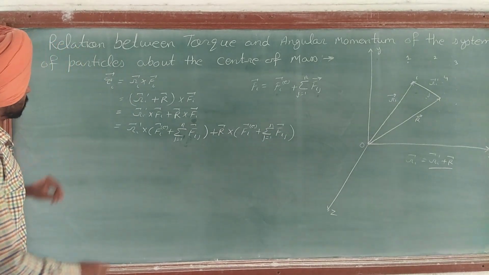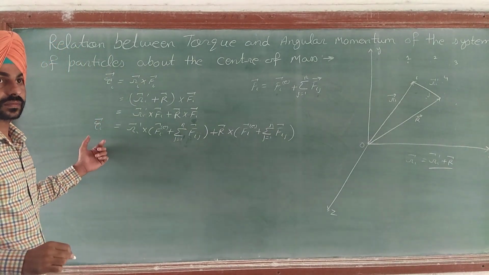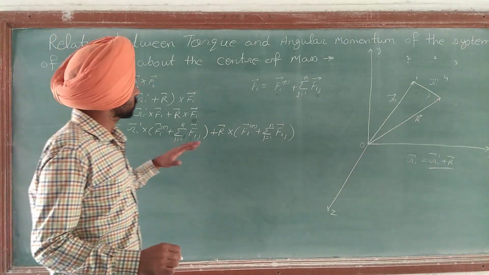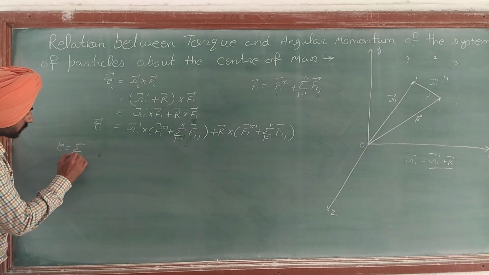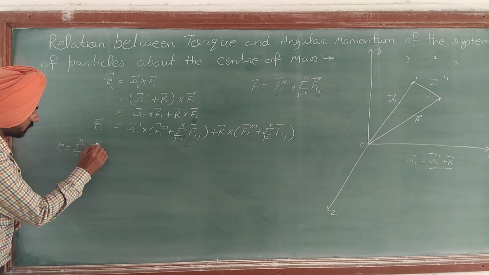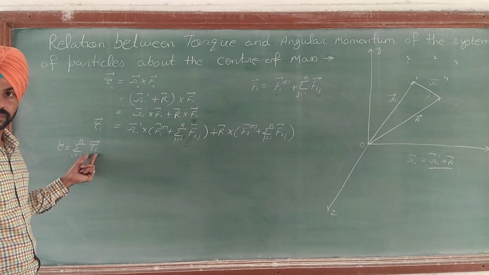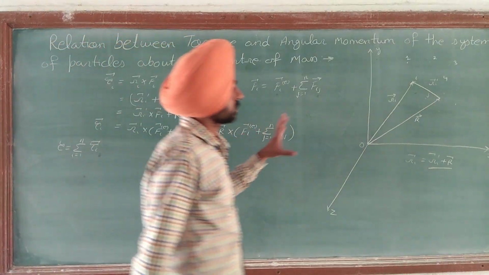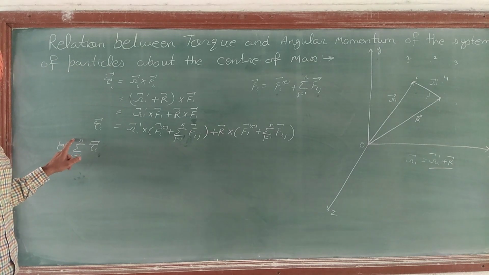So this is the torque acting on the ith particle. Now the total torque acting on the system is tau equal to summation i equal to 1 to n tau i. This is the sum of the torque acting on all the particles, so that's why I write summation i equal to 1 to n.